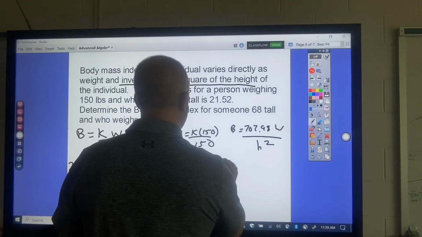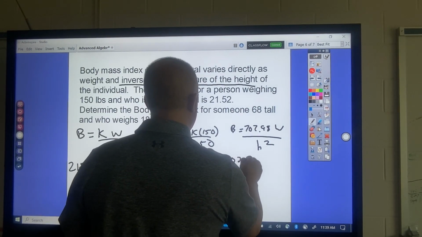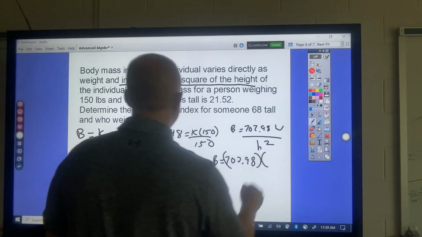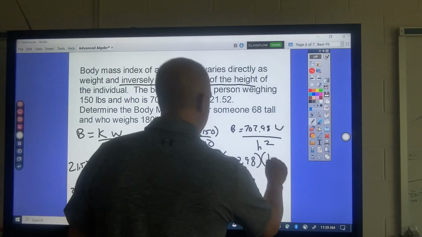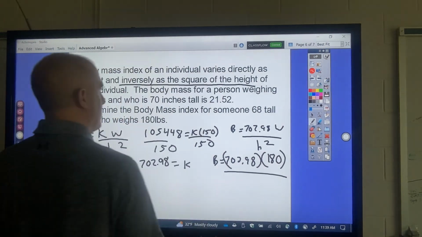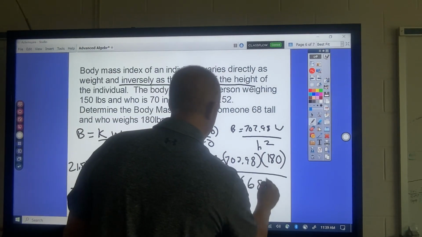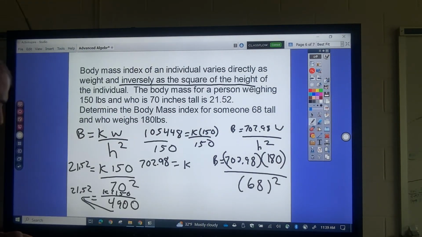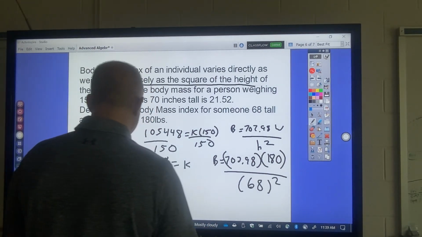So 702.98 times 180 divided by 68 squared. I multiply 702.98 times 180 and then divide by 68 squared.